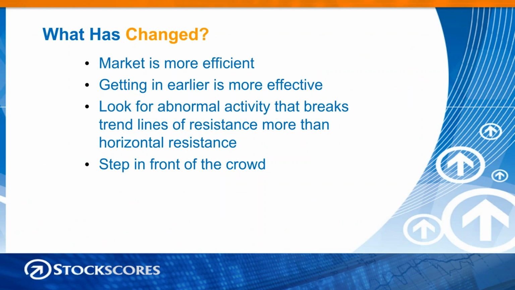All right, so I've been trading for 30 years now, and a lot of things are very much the same. Abnormal activity is still a great indicator of a stock that is going to outperform the market. The stock market still isn't fair. There's still some people that get better information than others.